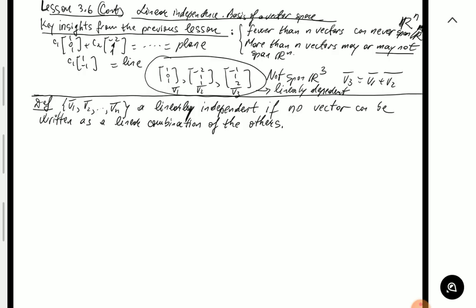So when one vector is a linear combination of the others, it doesn't bring anything new to the spanning set, because as we established last time, the spanning set of v1, v2, v3 is going to be the spanning set of v1 and v2. So the linear independence property is essentially a condition to ensure that the additional vector you bring in actually expands the spanning set, and then hopefully you'll get to a representation of the entire vector space.